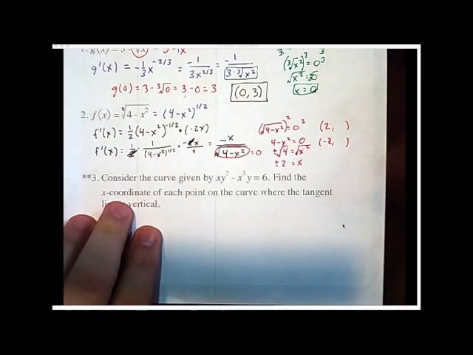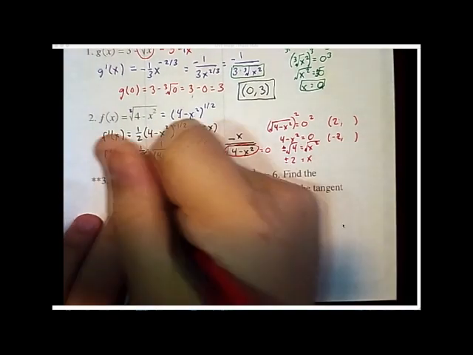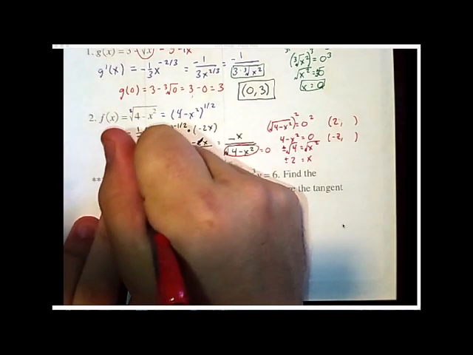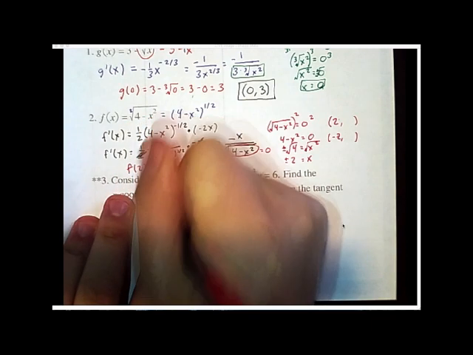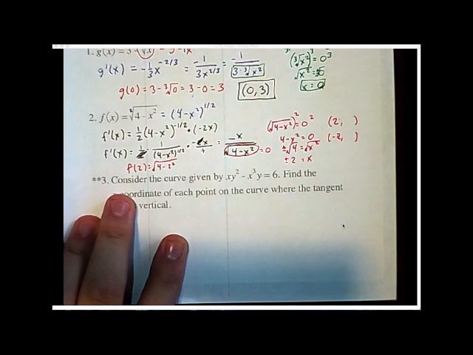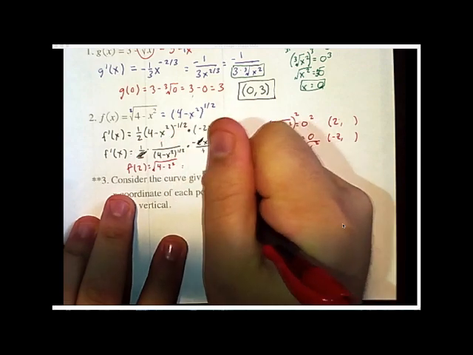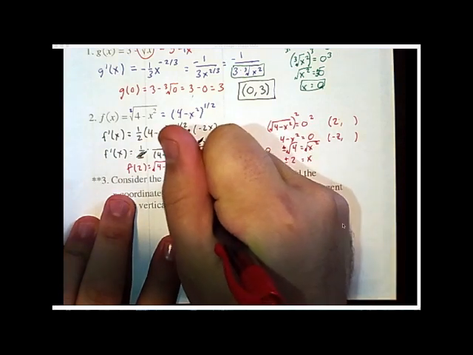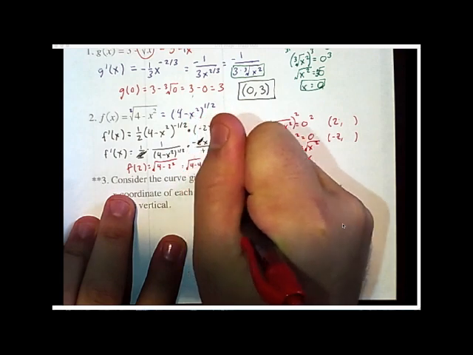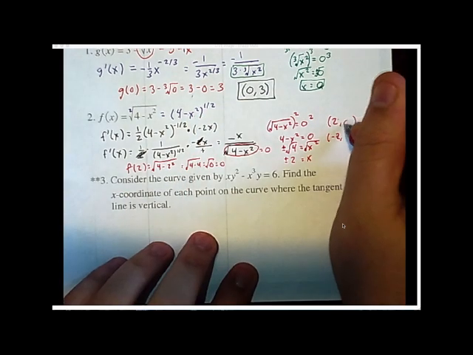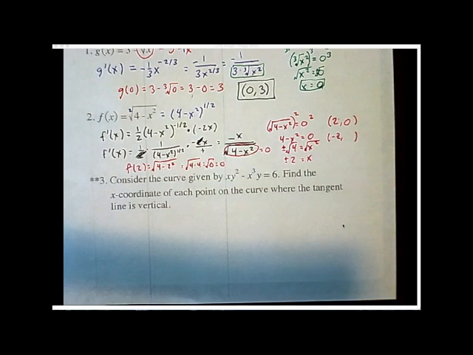So if I want to figure out what f of 2 is, I'm going to plug in 2 everywhere I see an x. 2 squared is 4. 4 minus 4 is 0. And the square root of 0 is simply 0. So (2, 0) is 1 point.